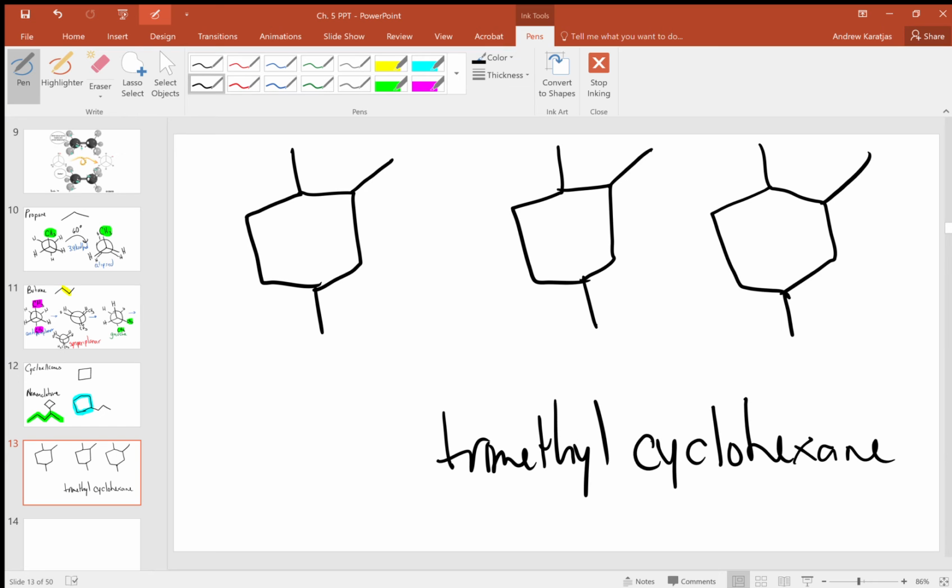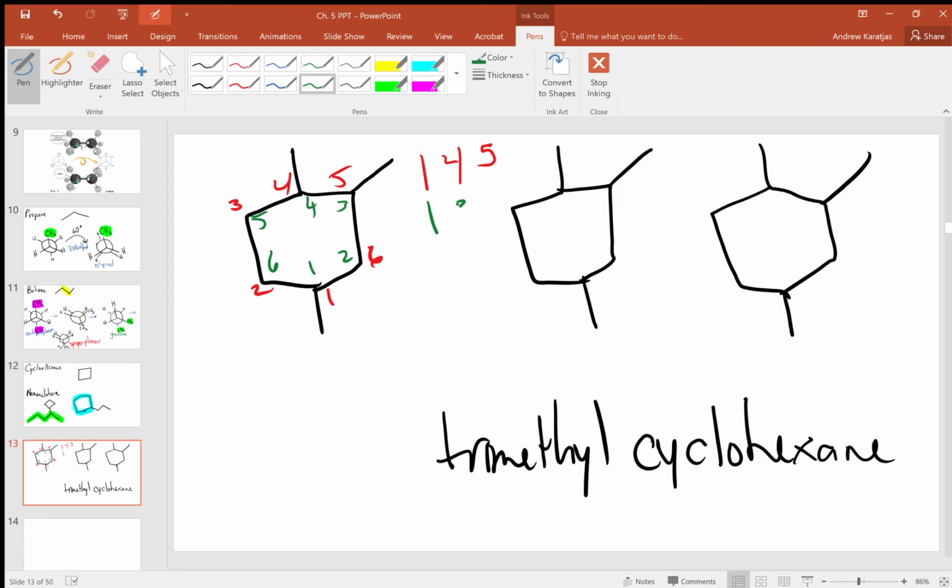So what I'm going to do here is show us all the possible ways we could do it. So we could start down here at the bottom and go in this direction. If we do that, our substituents are 1, 4, and 5. We could also start at that carbon and go the other direction.